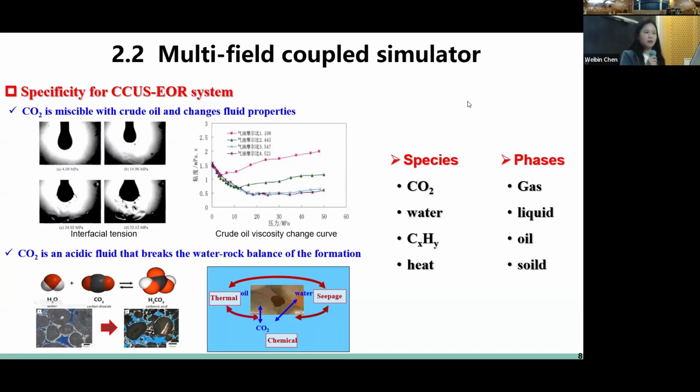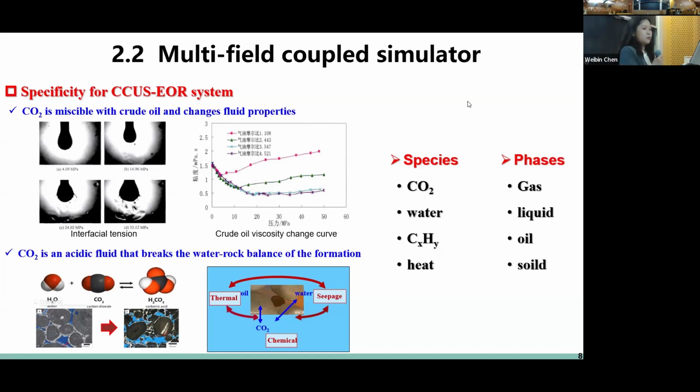We focus on the underground oil reservoir. If we want to describe the CCUS system, we need to consider its specificity: CO2 is miscible with crude oil and will change fluid properties, and CO2 is an acidic fluid, and it will break the chemical reaction balance.